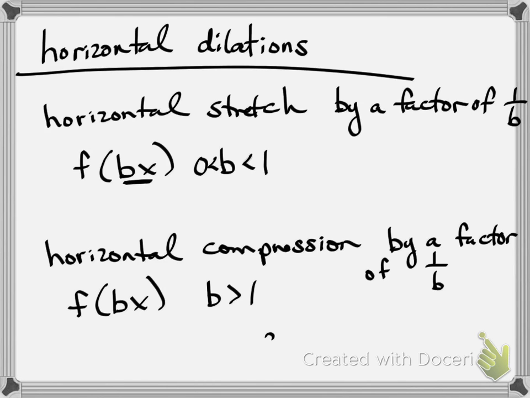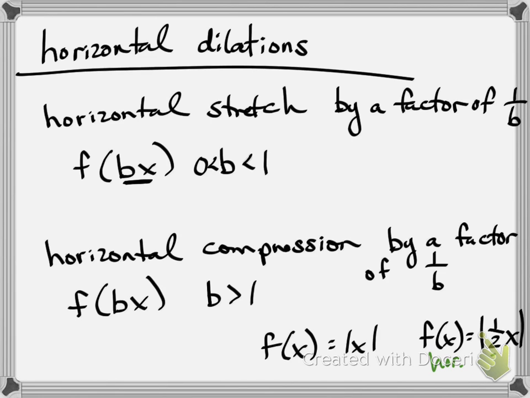So for example, if we took the absolute value parent function, and instead we looked at absolute value of 1/2 x, well, that 1/2 is inside with the x, so it's horizontal. That is between 0 and 1, so for horizontal, that's a stretch.